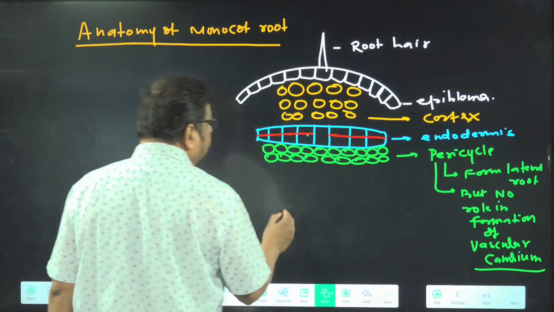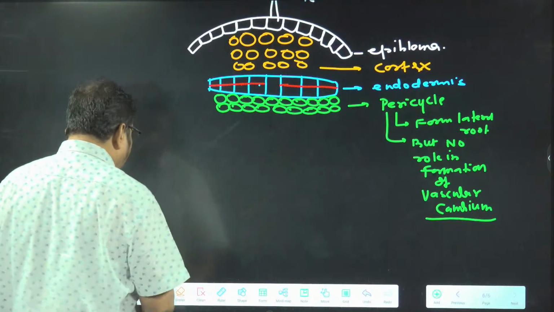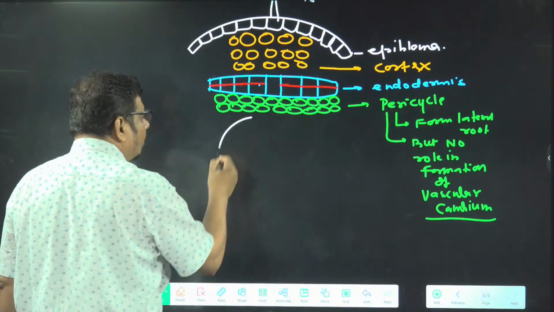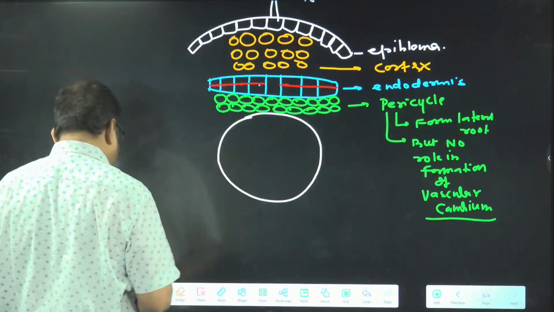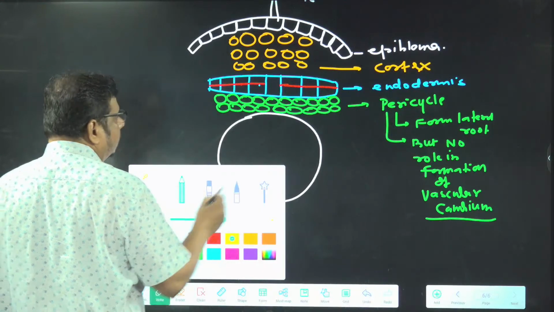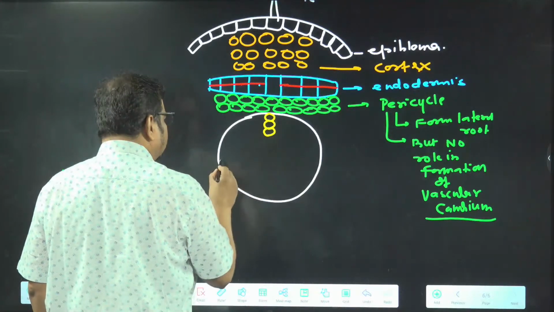Now, after the pericycle, I am just telling you another difference. Not many differences are available between dicot and monocot root. So, the vascular tissue we are going to deal with. Look at the vascular tissue. Here it is protoxylem, metaxylem.